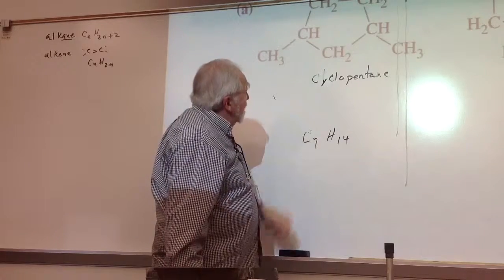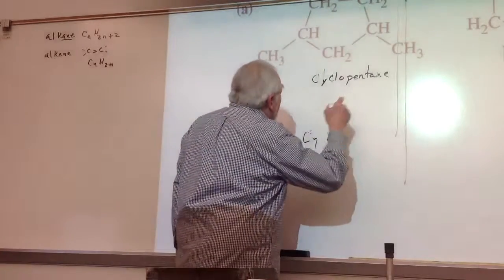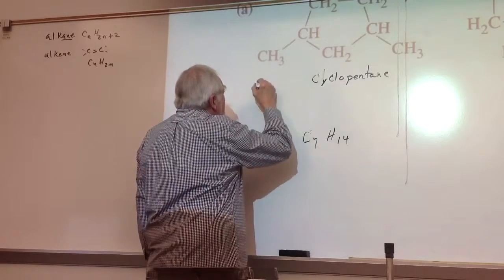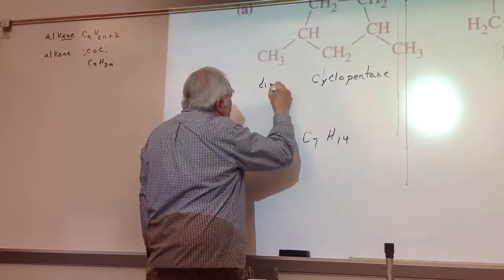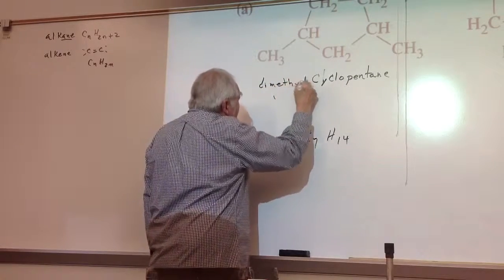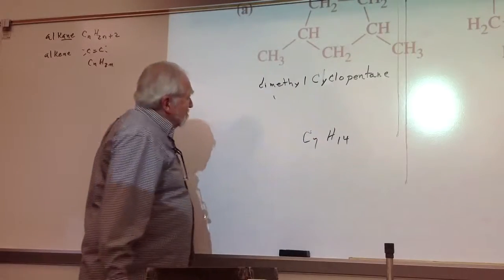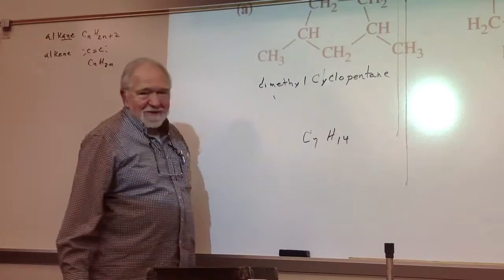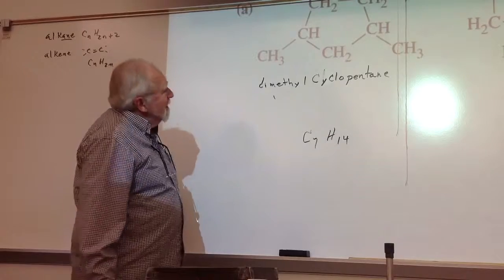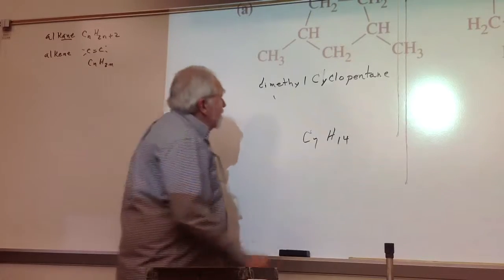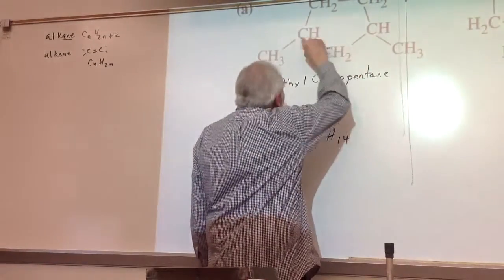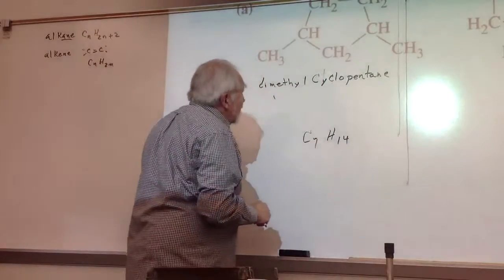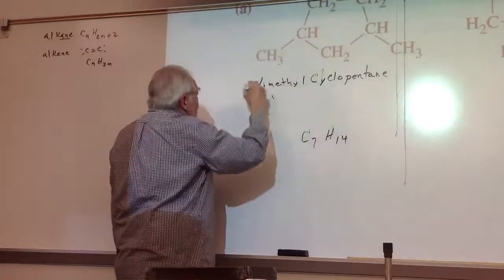So this is cyclopentane, and it's dimethyl. By the way, when you do this, sometimes you have to plan this ahead so you don't have weird looking spaces in your name. And now we can say 1, 2, 3. So it's 1, 3. Or we count the other way, 1, 2, 3.